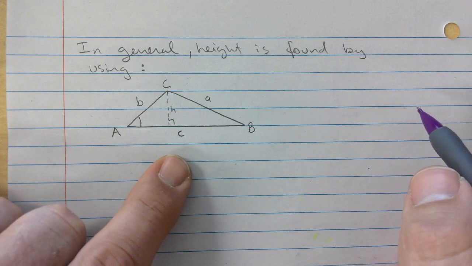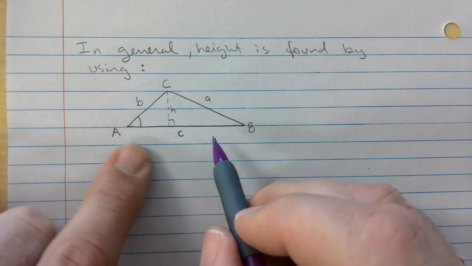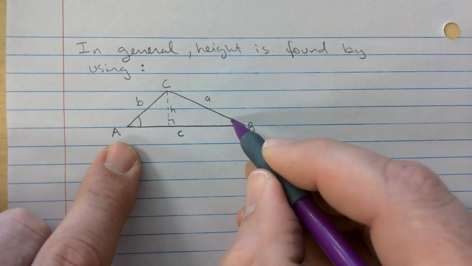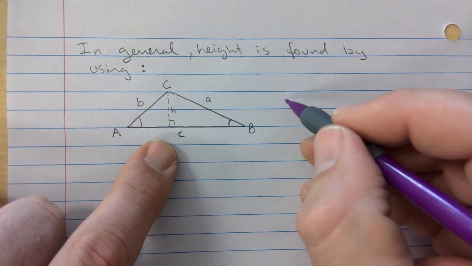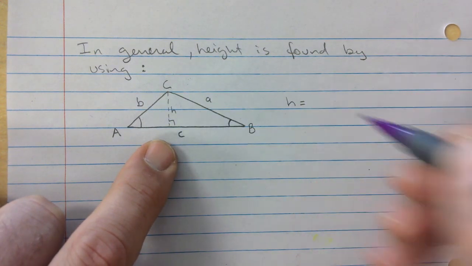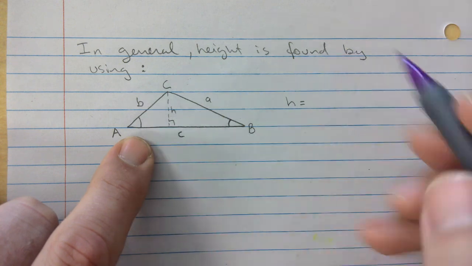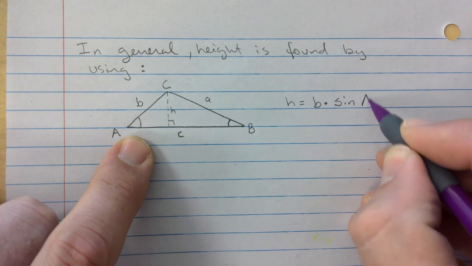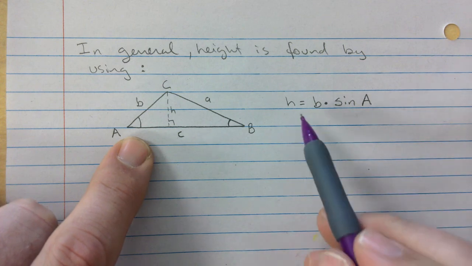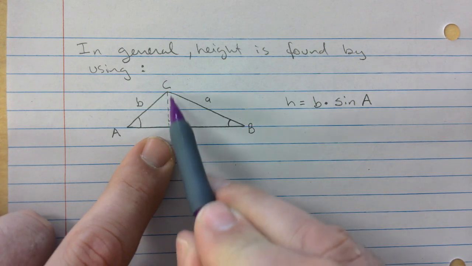Okay. There are two ways of finding the height in this particular triangle. You can either find the height by going B times sine of A. We're talking about the same height, right?